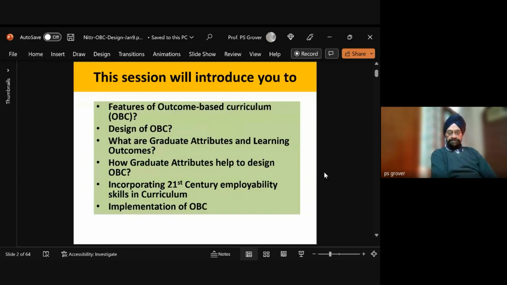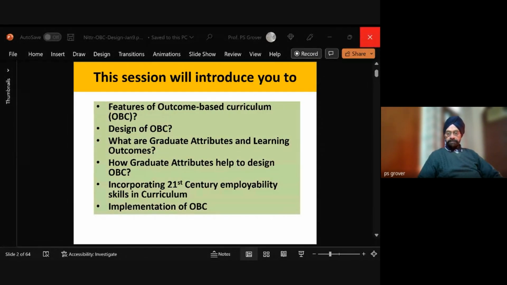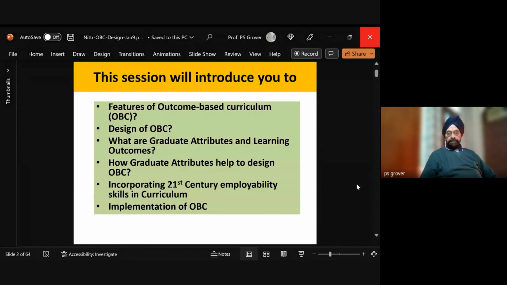The takeaway of this session will be: what are the features of outcome-based curriculum? Then how to design outcome-based curriculum? What are the graduate attributes and learning outcomes?